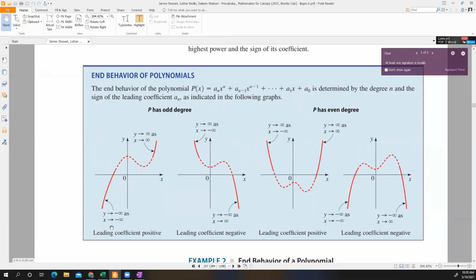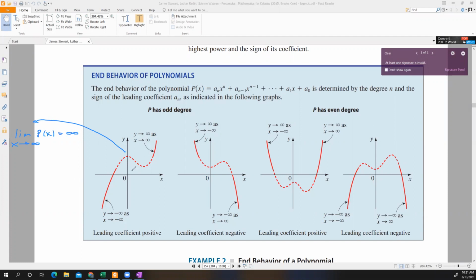This first graph here is when your leading coefficient, the a_n right here, is positive. For example, if you have x cubed, this almost looks like x cubed. Can I draw on this? Yes, here we go. What we're saying here is that the limit as x goes to positive infinity of our function p of x is infinity.